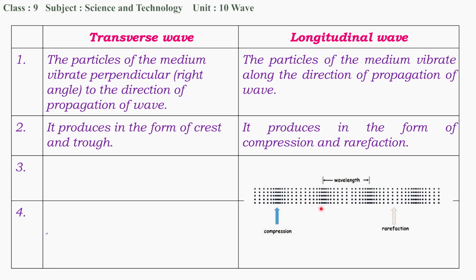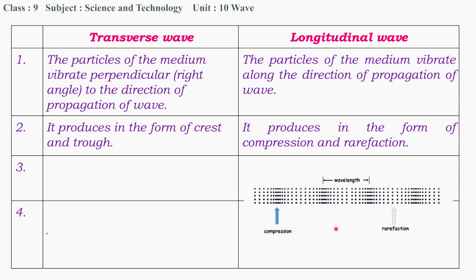And the distance between two successive compressions or two successive rarefactions is taken as wavelength. You were taught wavelength in class 8. I just mentioned this here because it is written here. Otherwise, we have learned about this in class 8. The distance between two successive compressions or the distance between two successive neighboring rarefactions is the wavelength.